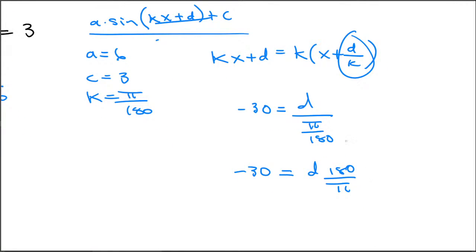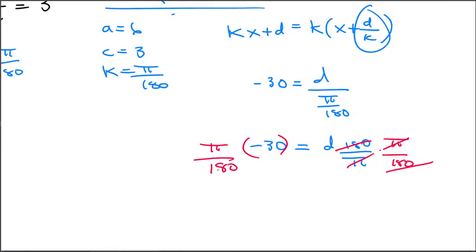And then I will cancel that on both sides by multiplying by pi over 180. So this cancels here. And then d equals, let's see, so there's 60 and negative 1. So this will be negative pi over 60 is d. Okay, sorry. That got to be kind of messy.